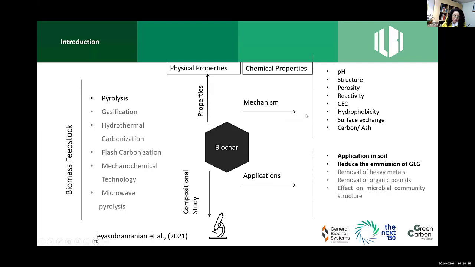Using our feedstock and the pyrolysis conditions, we can control the biochar properties, for example, physical and chemical properties. And of course, after we produce our biochar, we do a compositional study in order to understand the whole characteristics of our biochar and define what we will do, for example, the characterizations of biochar.